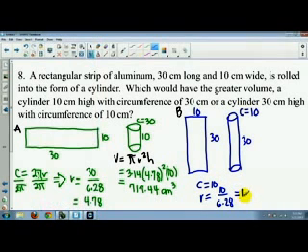The radius is 1.59. Plugging in this radius to our formula for the volume of the cylinder, we will have V is equal to pi multiplied by 1.59 squared times the height, which is 30.